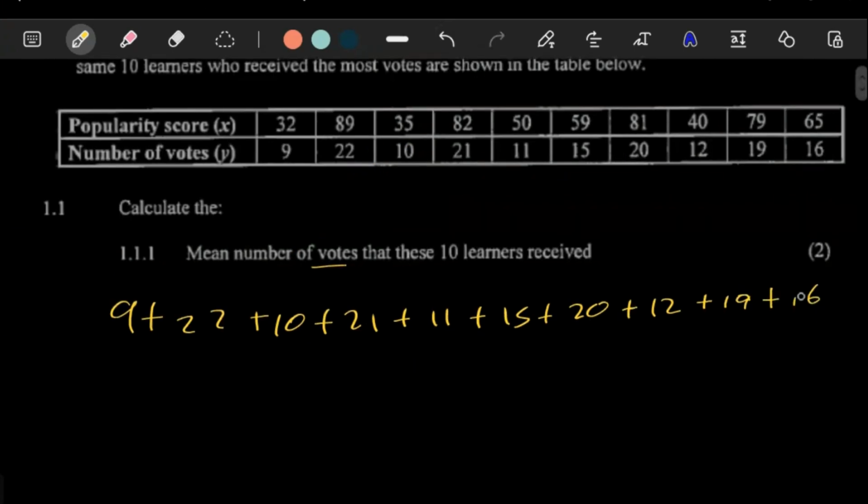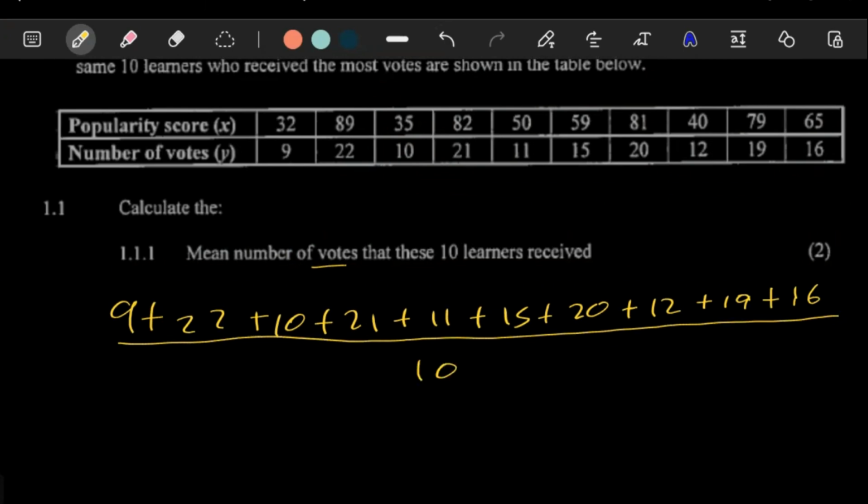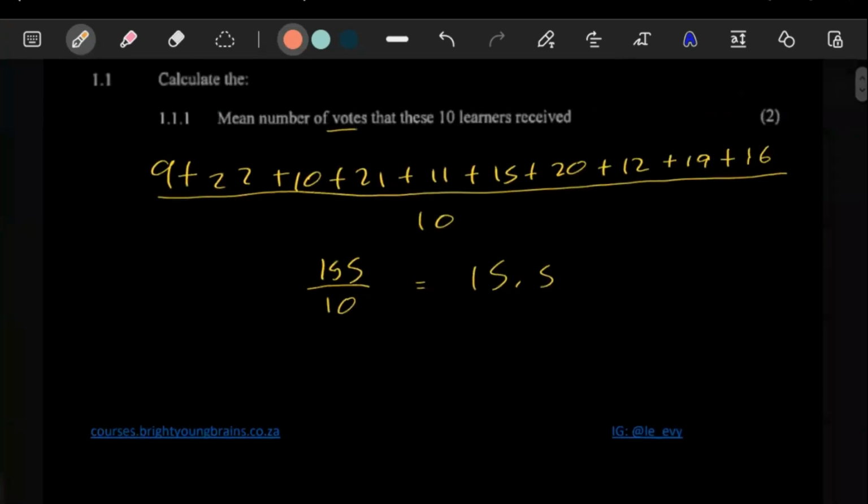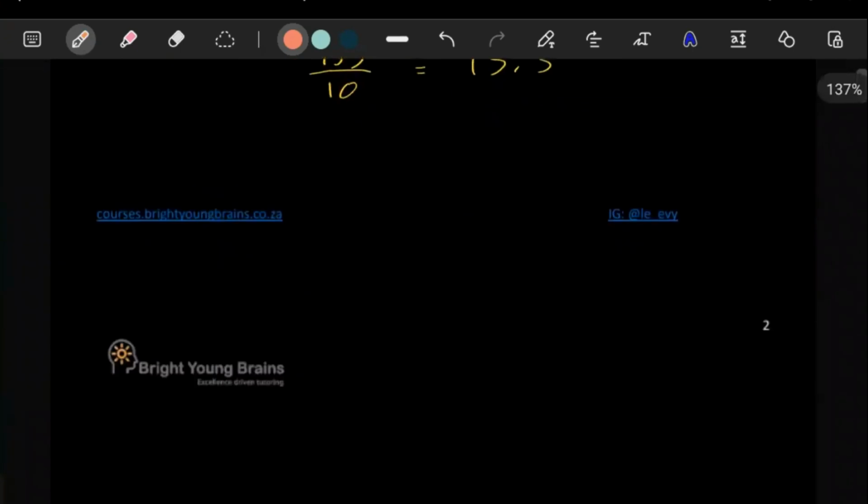So all these values, you're obviously going to put that in your calculator, divide everything by 10. Let's see what we get here. At the top it's 155 divided by 10. This is giving us 15.5. There we go.